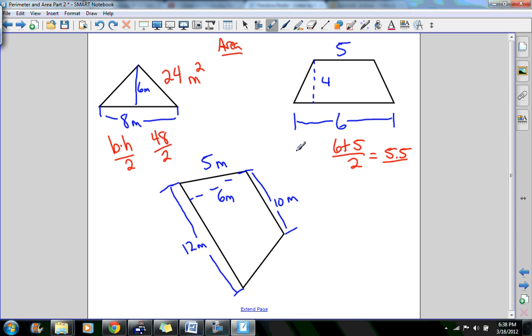Then we take 5.5 times 4. We know that 5 times 4 is 20. 0.5 times 4 is 2. So it's going to be 22 square units. And finally, the last one down here. This one's easy. The average of the two bases is 11 because it's halfway between 10 and 12. Height is 6. 11 times 6 is 66 square meters.